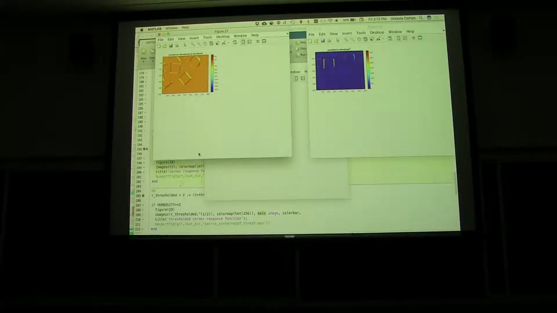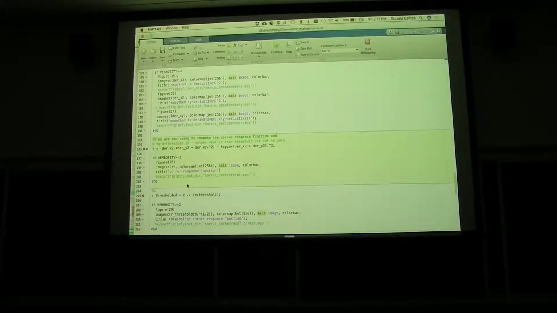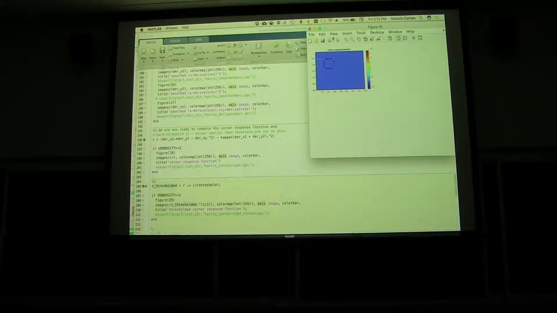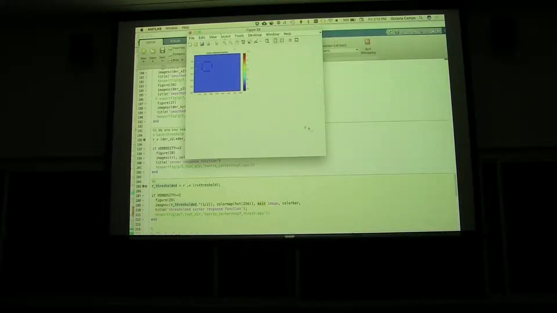Now I am ready to assemble with these three images. At every pixel I can assemble a C matrix. Then I'm going to find the R-score by computing the determinant of the matrix and the trace of the matrix at every pixel. So now let's compute the R-score. This is how it looks.